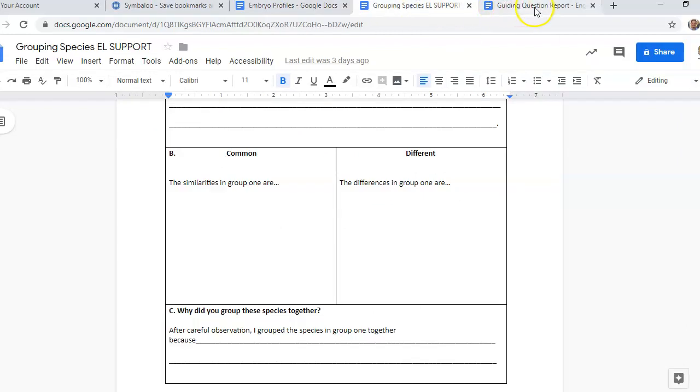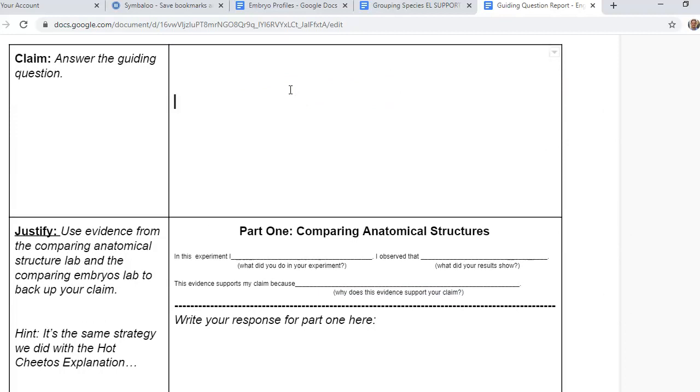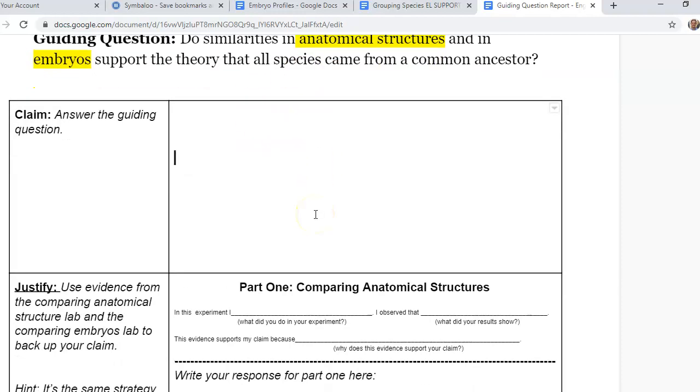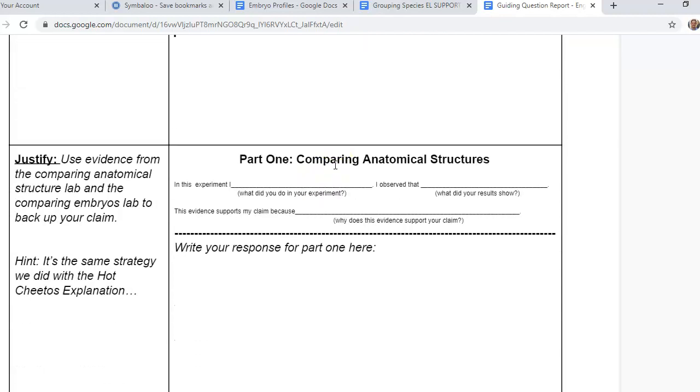And then the second part we're going to here is, why does this evidence support your claim? If you said yes, I believe this answers that all similarities in anatomical structures and embryos support that we came from a common ancestor. If you said yes, then you need to say why your evidence supports your claim.